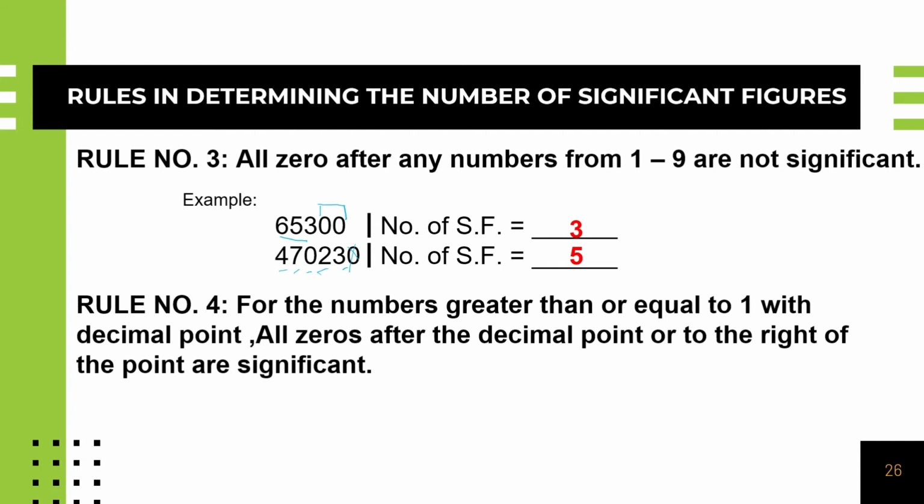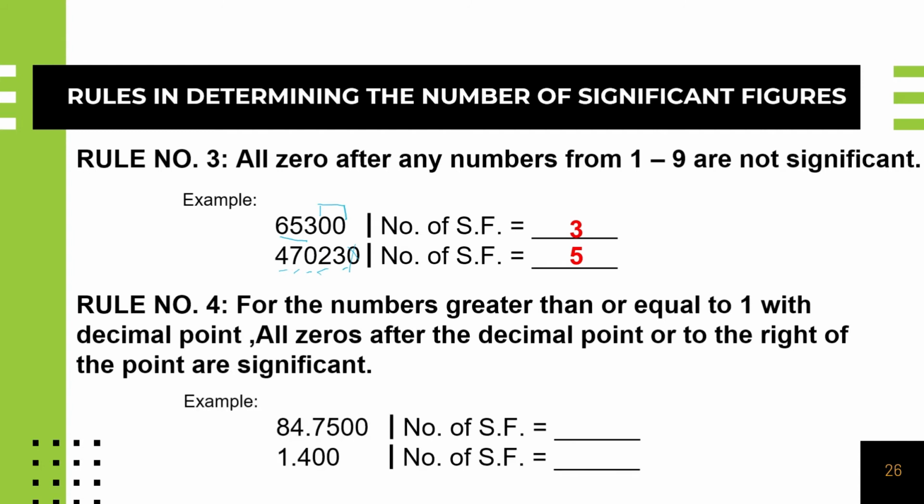point, all zeros after the decimal point or to the right of the point are significant. So lahat daw ng mga zeros after the decimal point are all significant kapag may kasama siyang numbers from 1 to 9 after the decimal, before the decimal point.